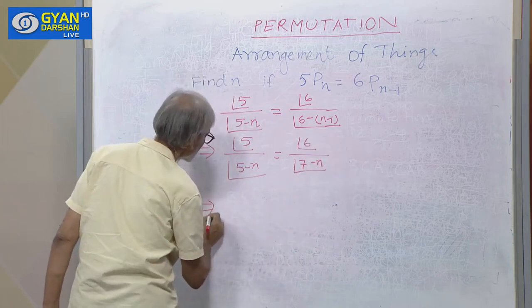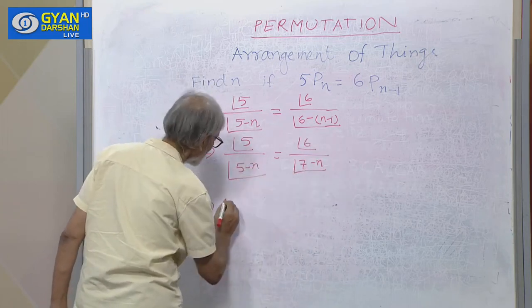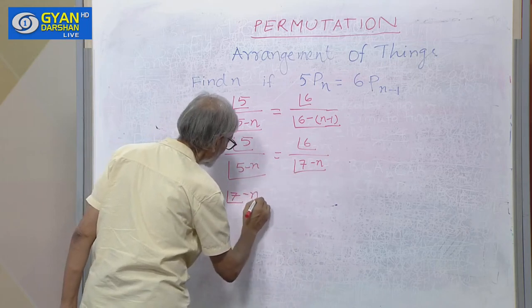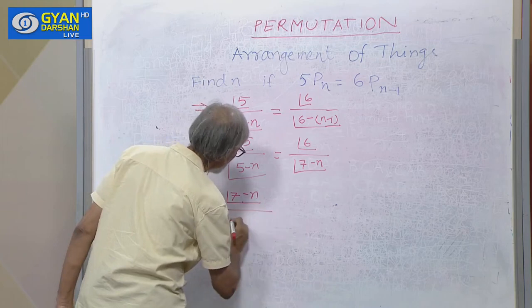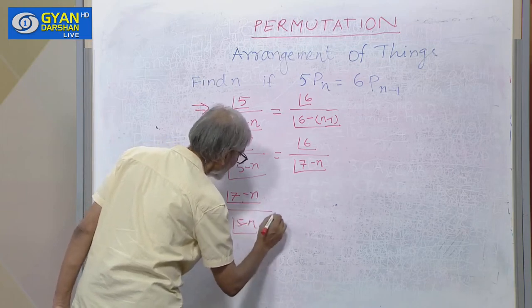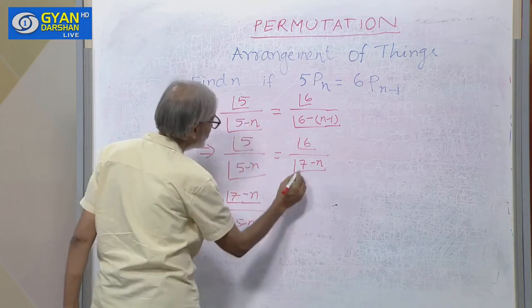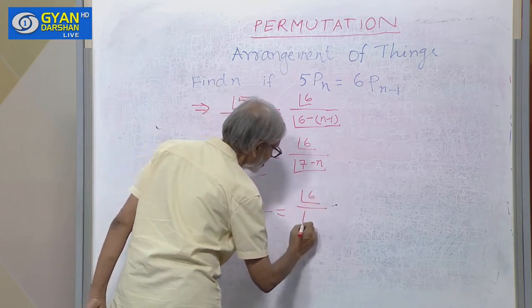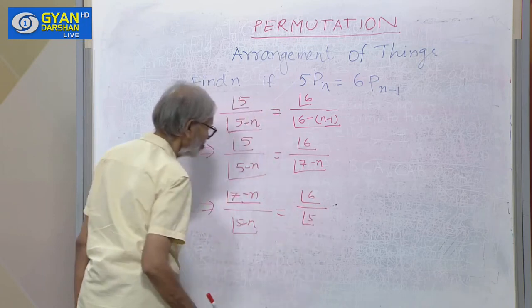So, let us bring factorial 7 minus n to this side, factorial 7 minus n divided by factorial 5 minus n, and take factorial 5 to this side. So, this will be equal to factorial 6 by factorial 5.